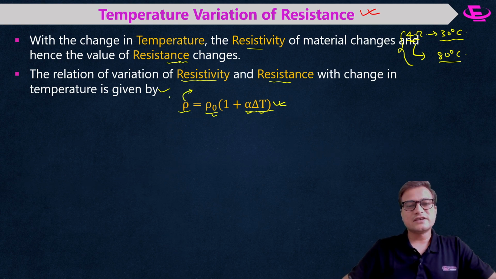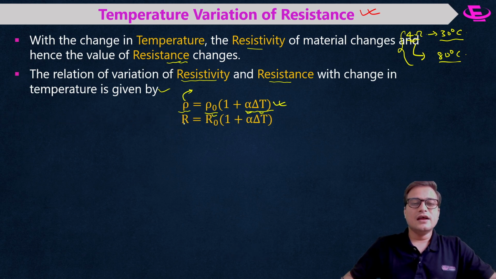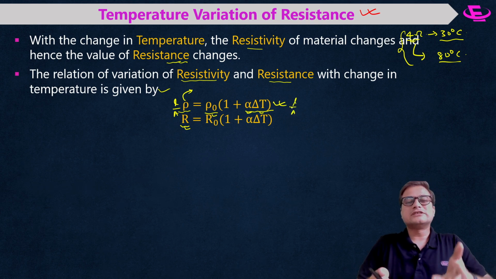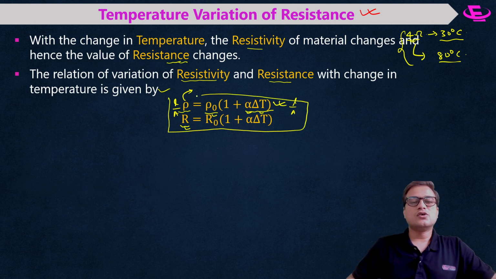It is resistivity. Next, if resistivity is changing, then resistance will also change in a similar way, because if you multiply by L by A, it will simply become resistance. So you must remember these two relations: rho equals rho naught into (1 plus alpha delta T), and R equals R naught into (1 plus alpha delta T).